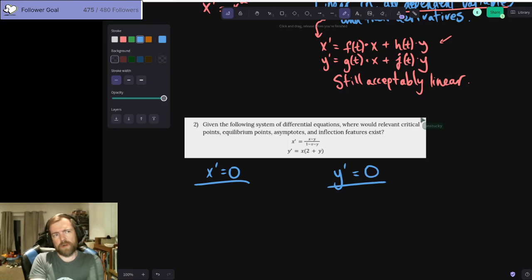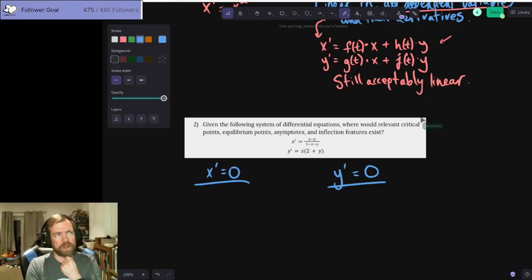Okay, so we're going to look for all instances of x prime equaling 0 and y prime equaling 0 kind of separate from each other anyway. And then we'll deal with the consequences of potentially if that's separate or at the same time.